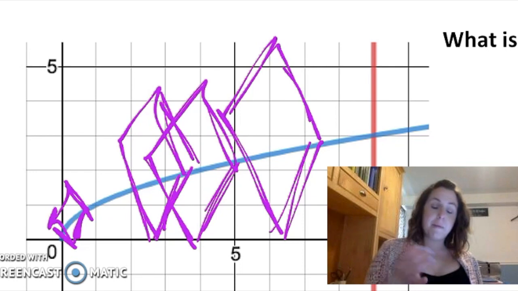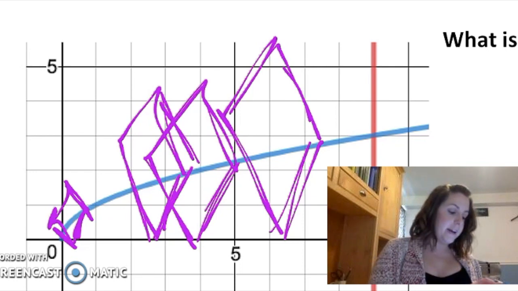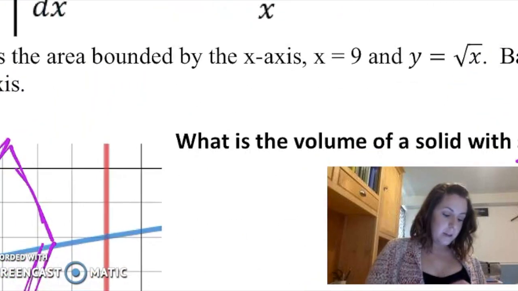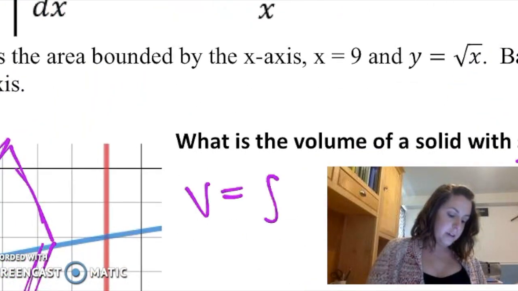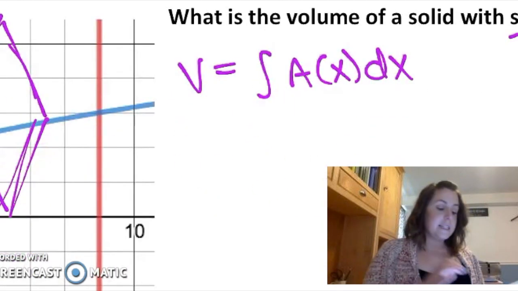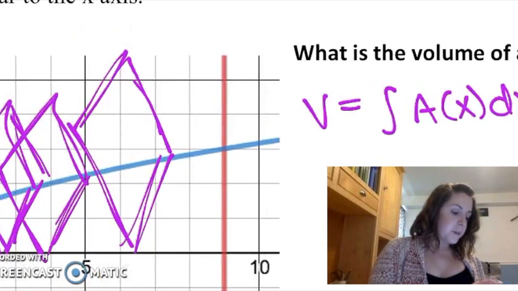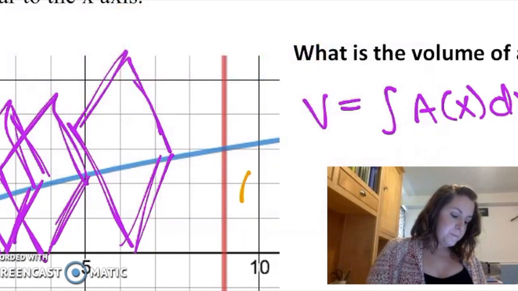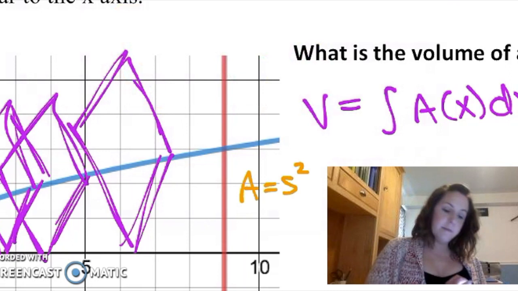So what we need to think about is, what is the area of a square? Because we know that volume is the accumulation of area, and this is going to be with respect to x because it's dx. So I need to think about what my area would be here. The area of a square is side squared, right? Let's look at the length of one side.